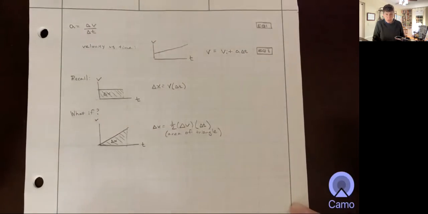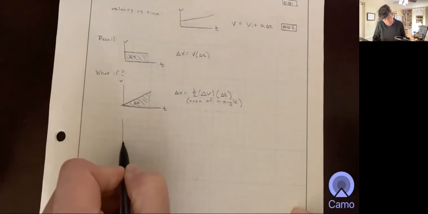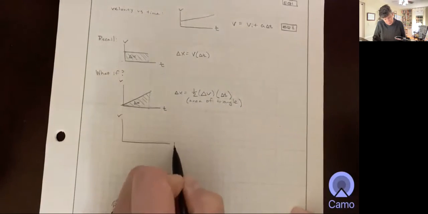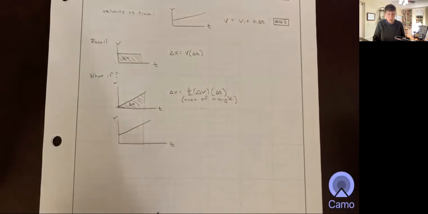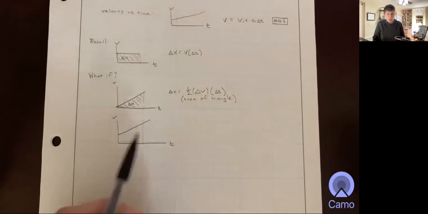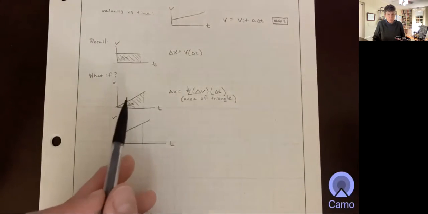So what if the object doesn't start from rest? Well, let's look at that. This object started at an initial velocity of 0. This object is not. So I'm going to chop this one off at the same amount of time. The slope of this line is the same as this other line, but you'll notice that now there's actually two shapes going on here.